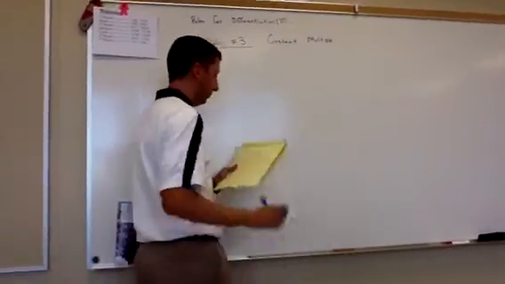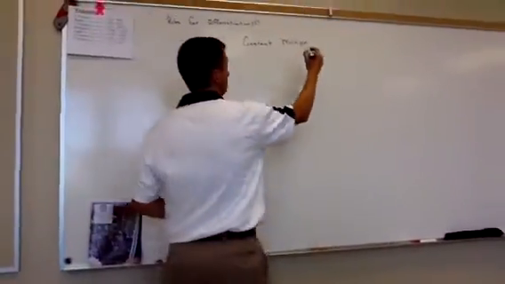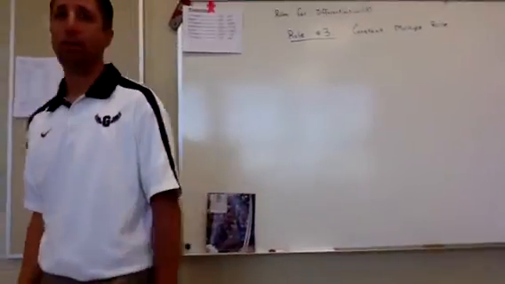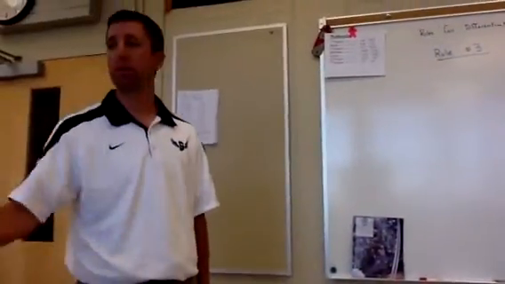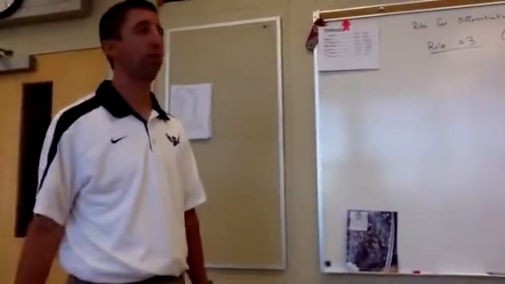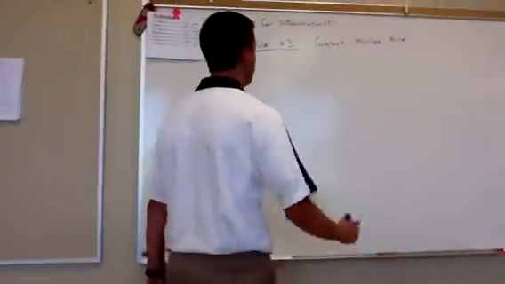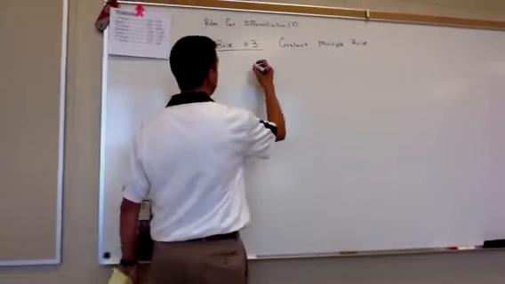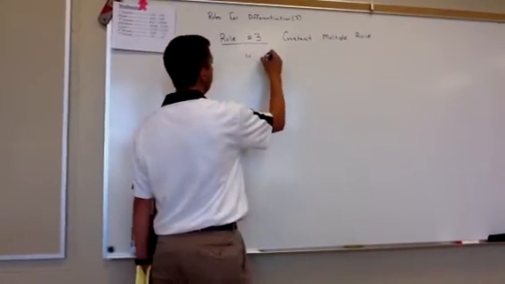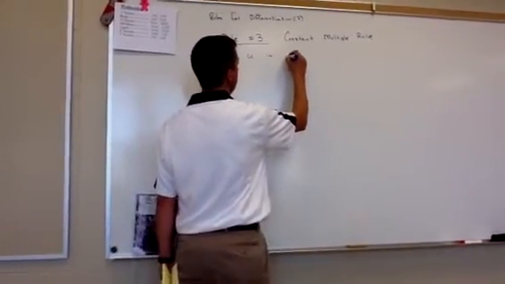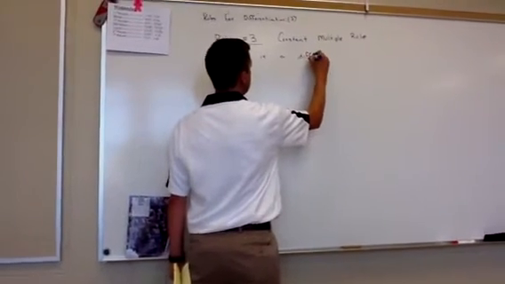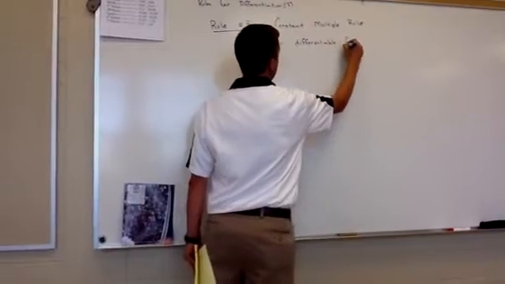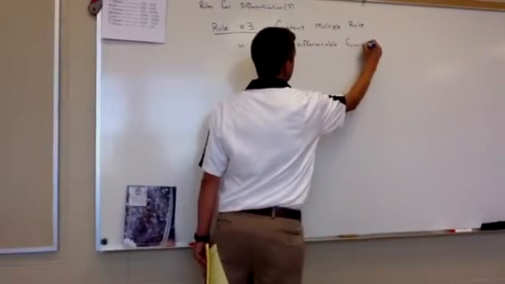The constant multiple rule. And again, this is kind of like the derivative of a constant rule. It's not really earth-shattering. There's nothing really exciting about it. Basically, it says, if I'm going to take the derivative of a constant times u, where u as a function is a differentiable function, okay?